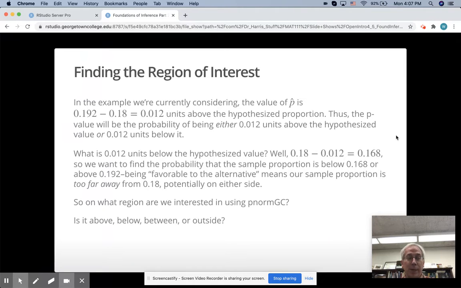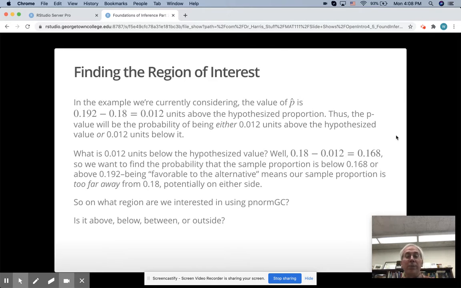So again, let me try to say that. If we want to be as favorable to the alternative as the sample data we've collected, that is, as far away or farther from the null value as our sample data, then we're going to be more than 0.012 below or more than 0.012 above 0.18. And so our sample proportion is going to be either below 0.168 or above 0.192.